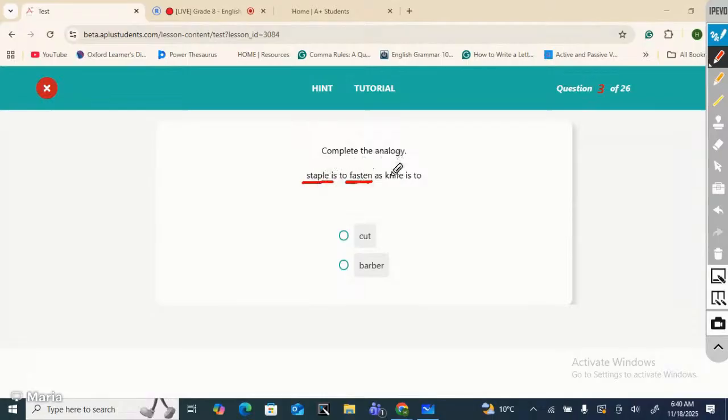Item and purpose. As knife is to. Now, if knife is the item, what is its purpose? Cut or barber? Very easy. It's cut. And staple is to fasten, its item and purpose.